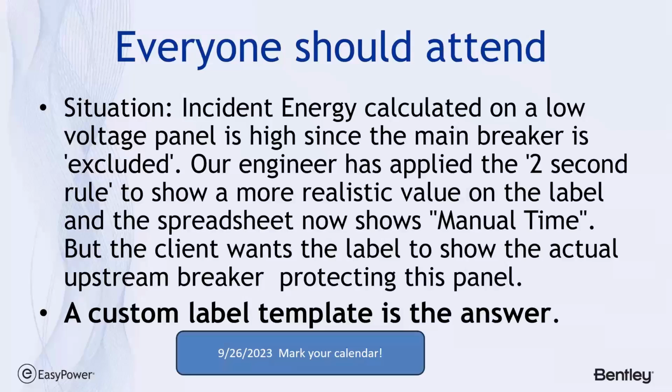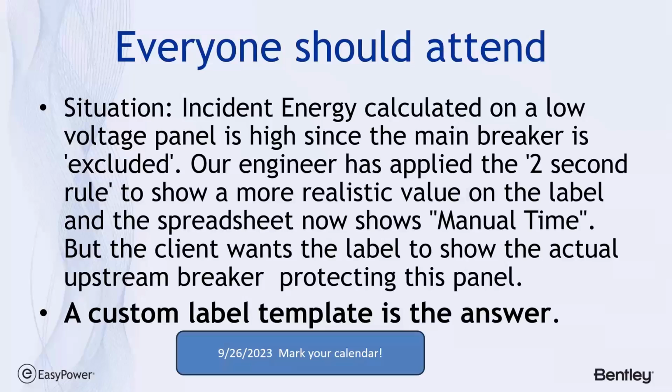I do have a couple of announcements before we go back and look at the questions. The situation, for instance, is incident energy calculated on a low voltage panel is high, because we've excluded the main on the panel. So the engineers applied a 2-second rule to be a more realistic value on the label, but now the spreadsheet shows manual time.